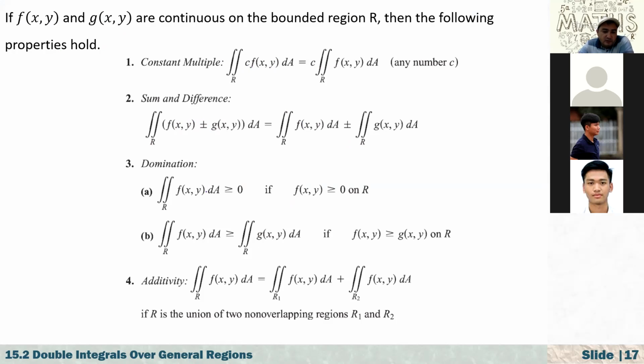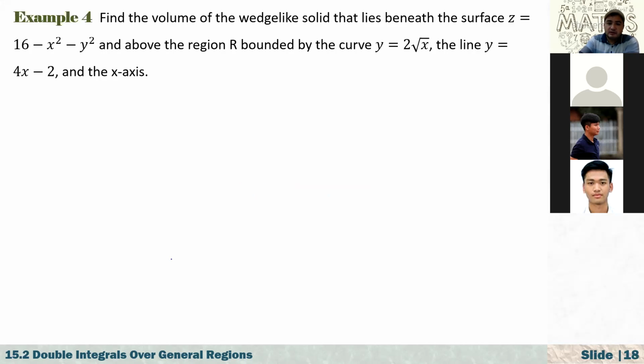In domination, if you are integrating a non-negative function, the result will also be non-negative, because after all, we're just summing up these partial sums, I mean, the Riemann sum. Okay, these are the properties of the double integral.